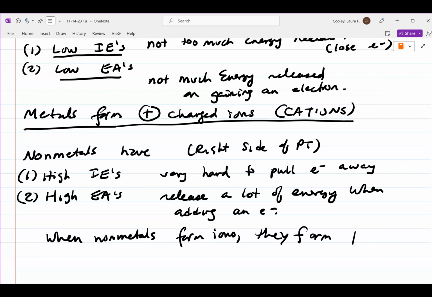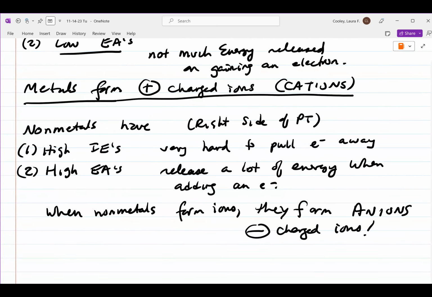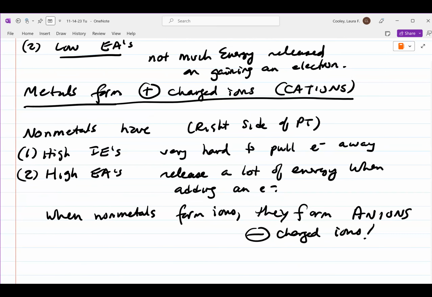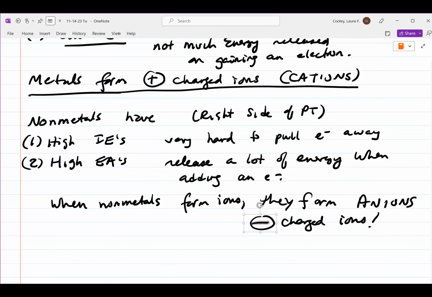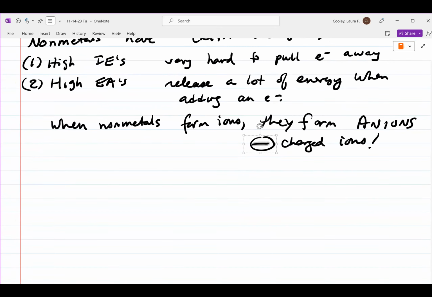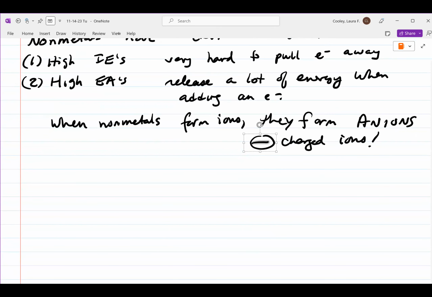Anions, negatively charged ions. That's because they have high electron affinities and they don't lose electrons because they have high ionization energies.